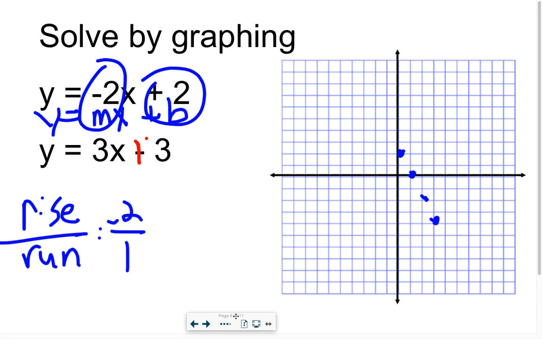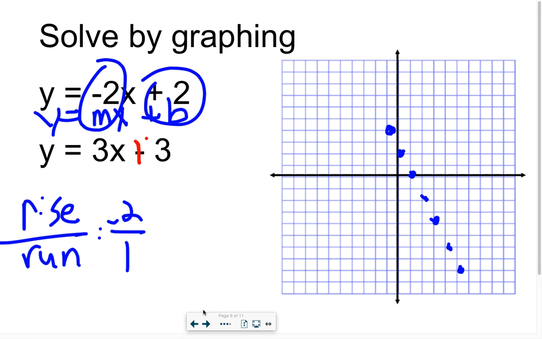Down 2 over 1, down 2 over 1, down 2 over 1. When solving by graphing, be obnoxious. Put a whole lot of points in and hope that our intersection point is over here. If not, we'll have to extend the line going backwards by going left 1, up 2, but we'll do that later.